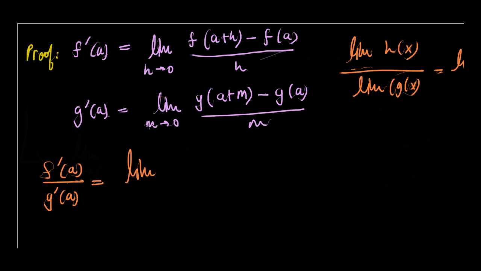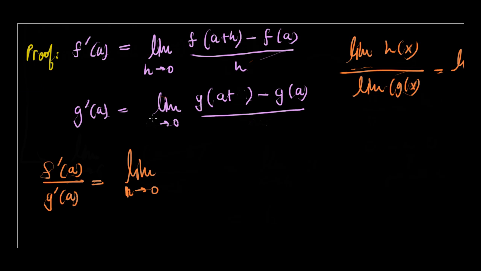And now let me make these two into a single variable. Let's say h approaches 0. They almost look identical, h and m. Actually I should have done this as h. I'm sorry. And here.